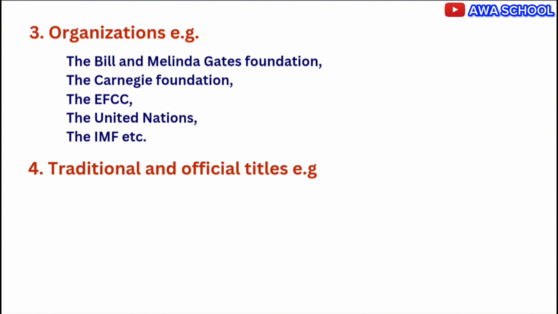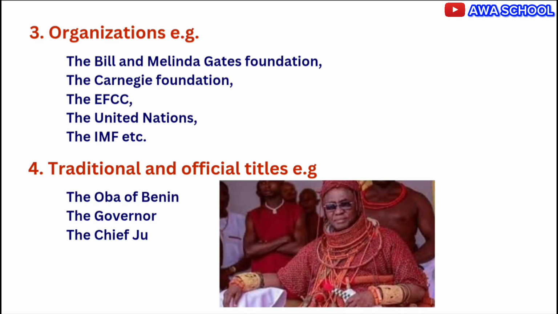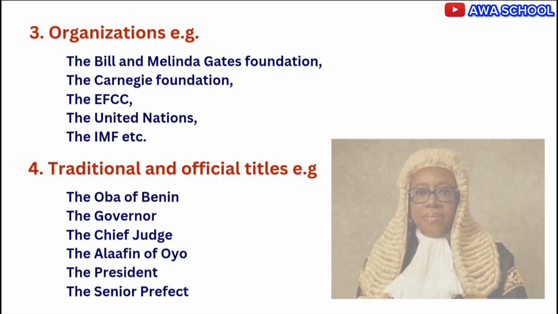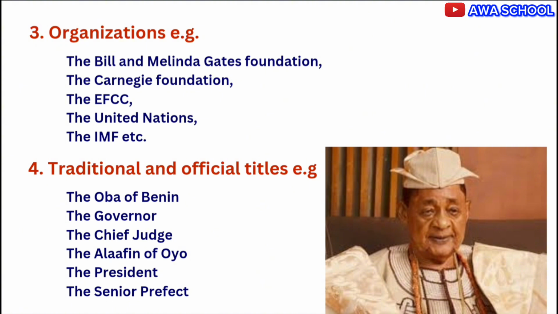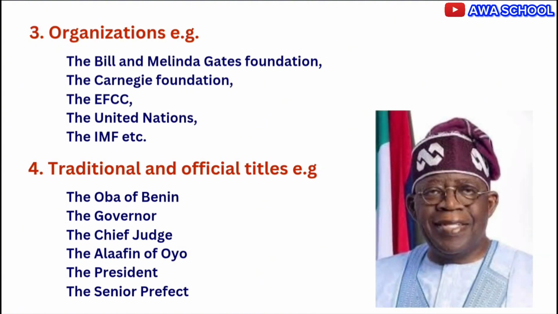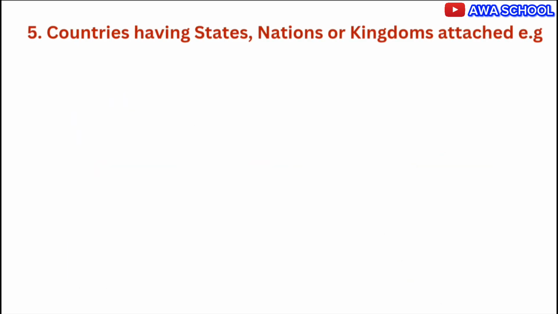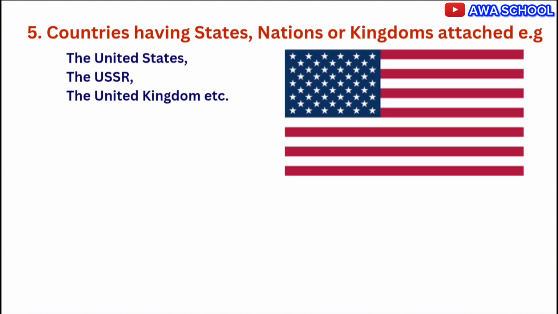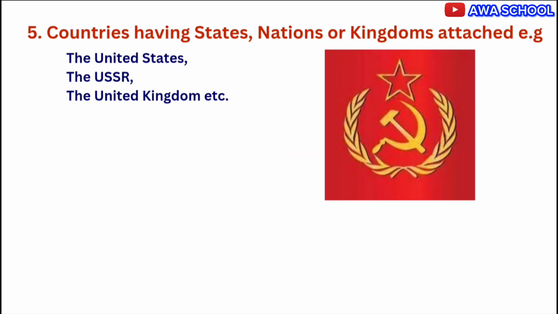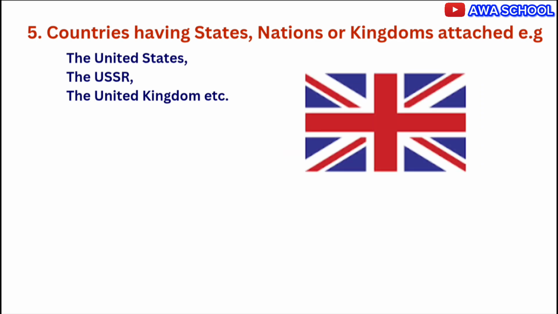Examples are the Oba of Benin, the Governor, the Chief Judge, the Alafin of Oyo, the President, the Senior Prefect, etc. Interestingly, you also use the definite article for countries having kingdoms, nations, or states attached. Example, the United States, the USSR, the United Kingdom, and so on.